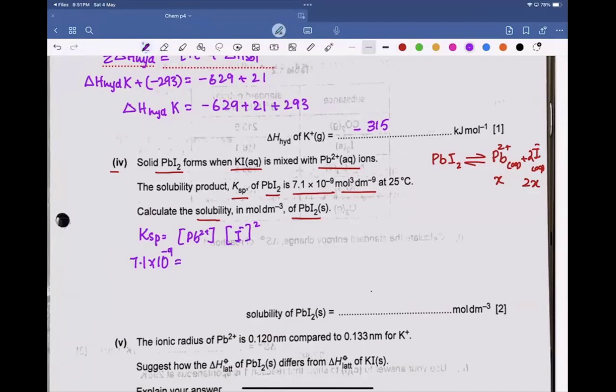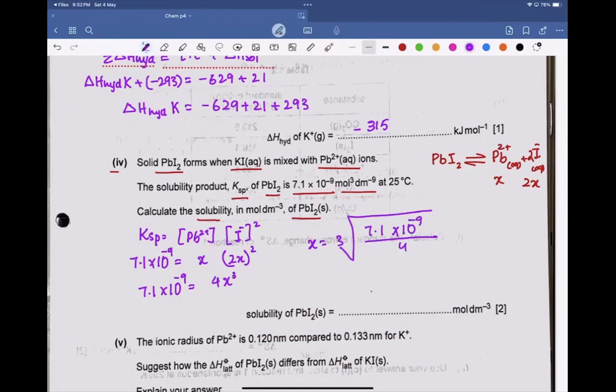The concentration of lead ion is x, and the concentration of iodide ion is 2x, and in this expression, we have a square. So if we solve it, it will become 7.1 × 10^-9 = 4x^3. And if I have to find the x, x is equal to the cube root of 7.1 × 10^-9 over 4.